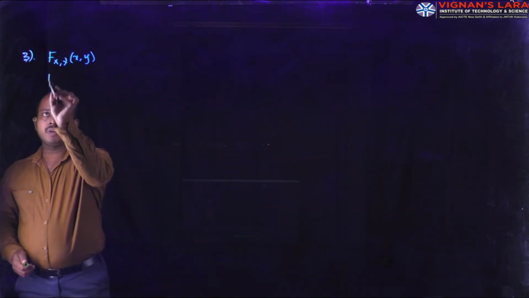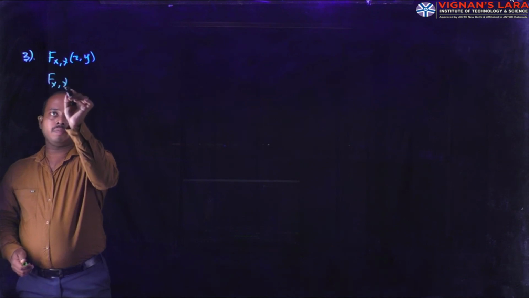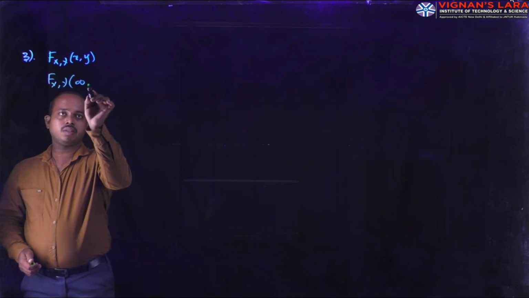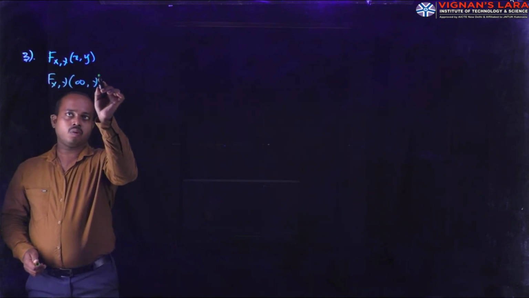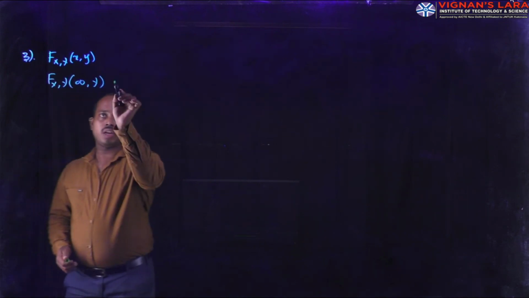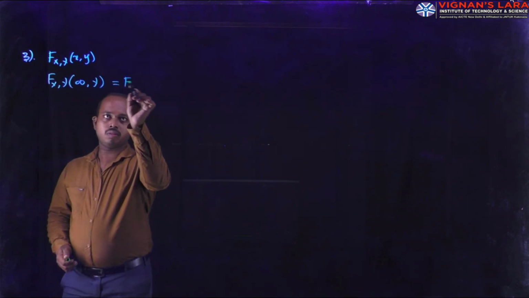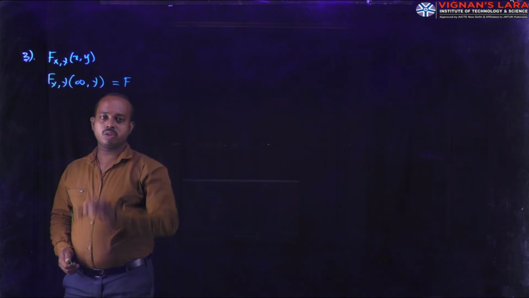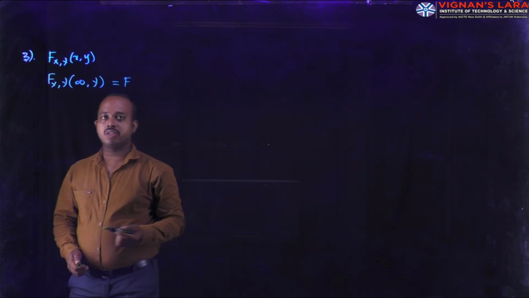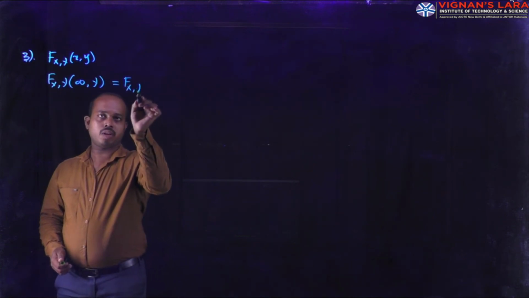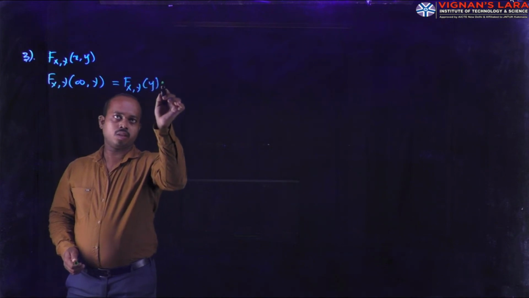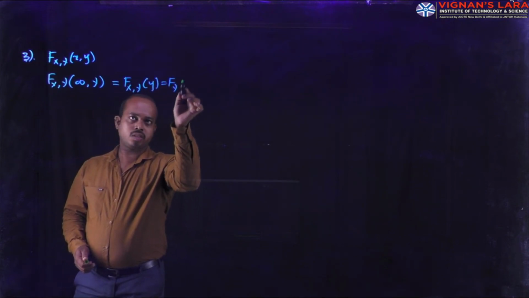The third property is F_{X,Y}(infinity, y), where the x value is infinity and the y value is normal. We can obtain the joint distribution, and it changes to the marginal. The quantity you can write is F_Y(y).